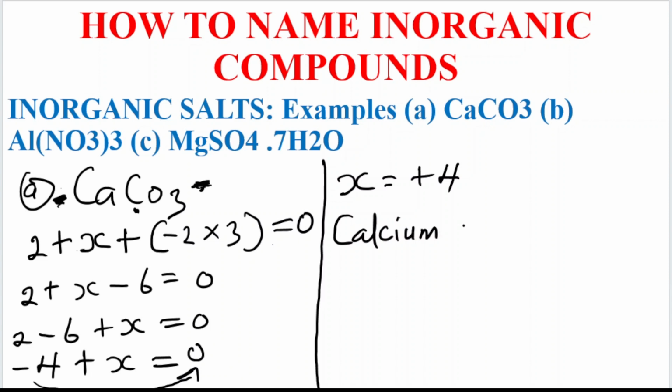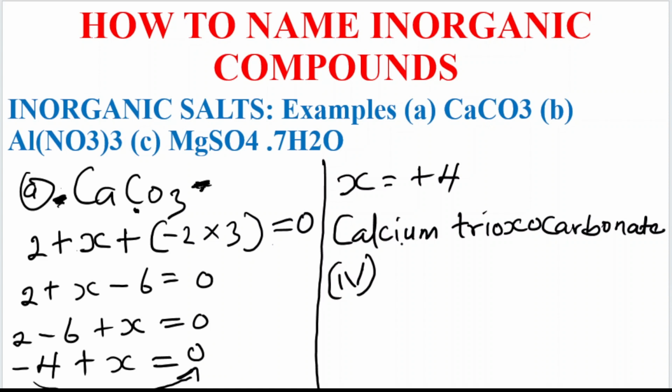So calcium tri, because there are 3 oxygens, trioxo. Then we also have carbon, which is written as carbonate, trioxocarbonate, carbonate 4 in Roman numeral, please, 4, which is IV.